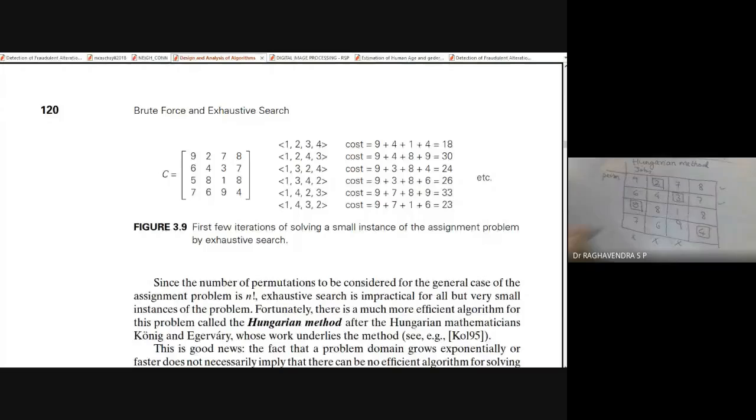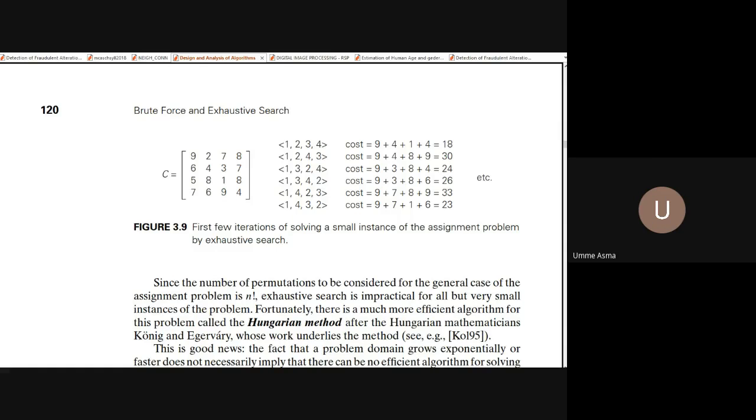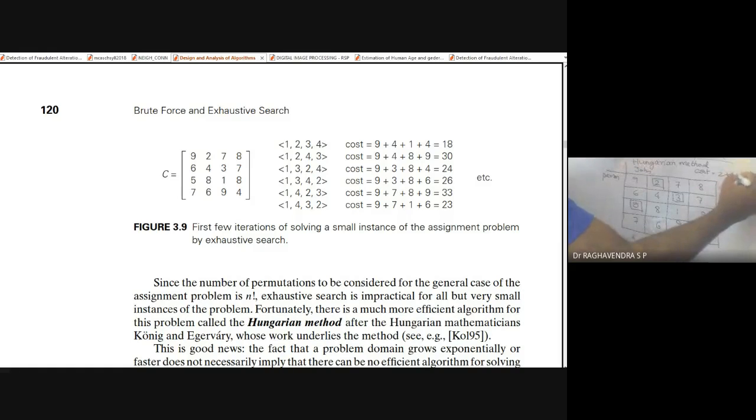So with all this, what is the cost according to the Hungarian method? 2 plus 3 plus 5 plus 4. So the value becomes 14, isn't it?